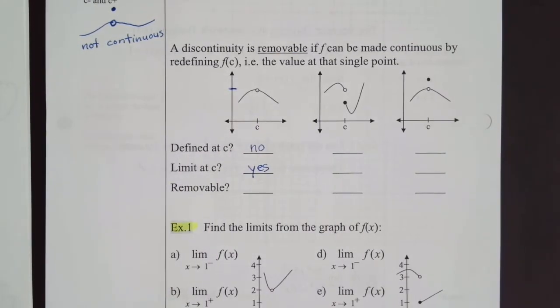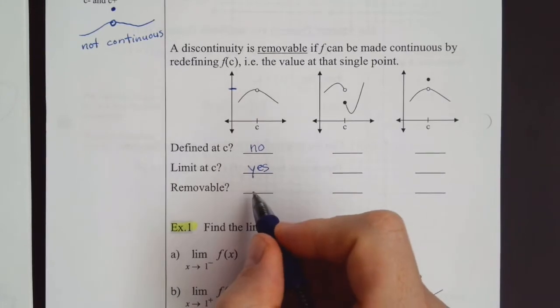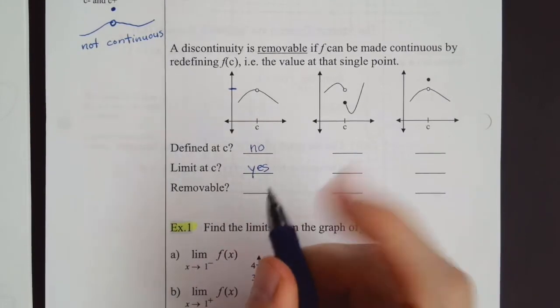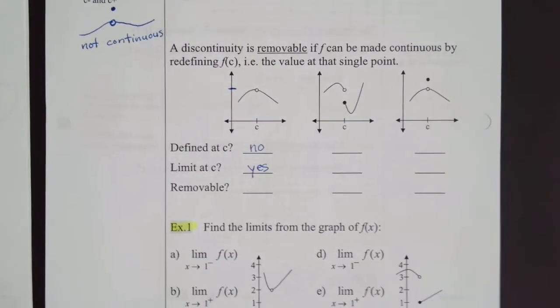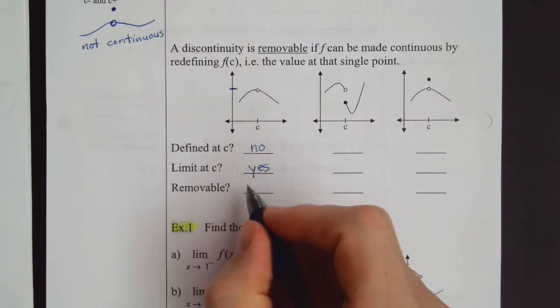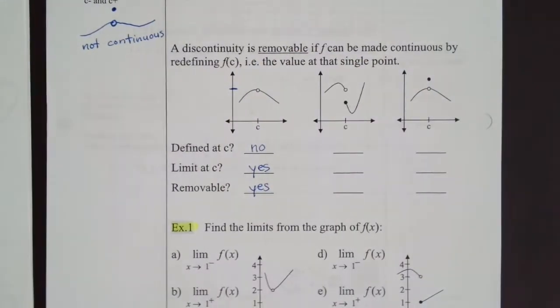We don't have to exist at the point because for a limit we never get to that point anyway. Kind of like some of my stories, never getting to the point. So, removable, some of my stories, not all of them. It's removable if we could fix that one point, if we could fill it in, and so yes, we could do that here. If we could plug the hole, we would be fine.